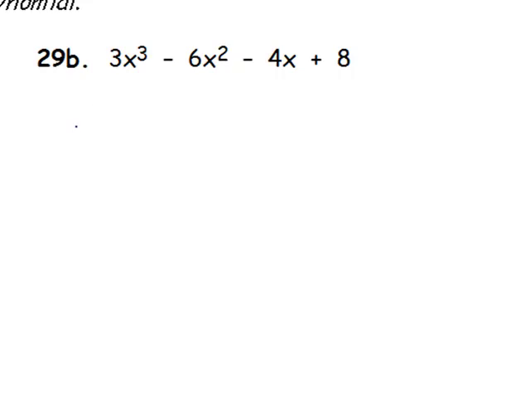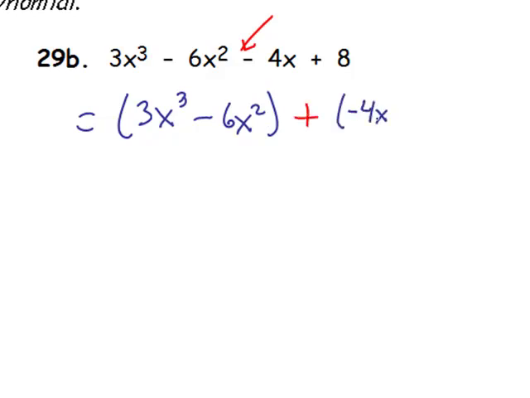29b, same idea. One thing that we're going to need to be careful about is that minus sign, because we need to have a plus sign between the two groups. So when I make my first grouping, 3x cubed minus 6x squared, I want to now say plus negative 4x plus 8.